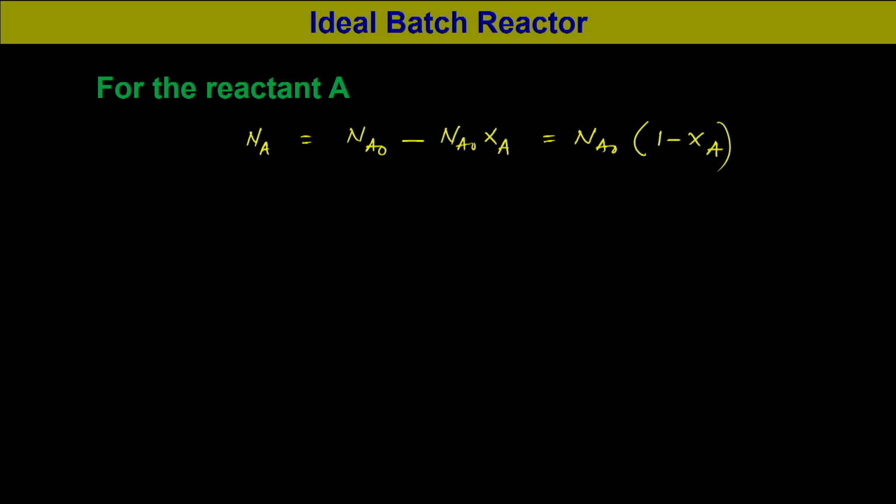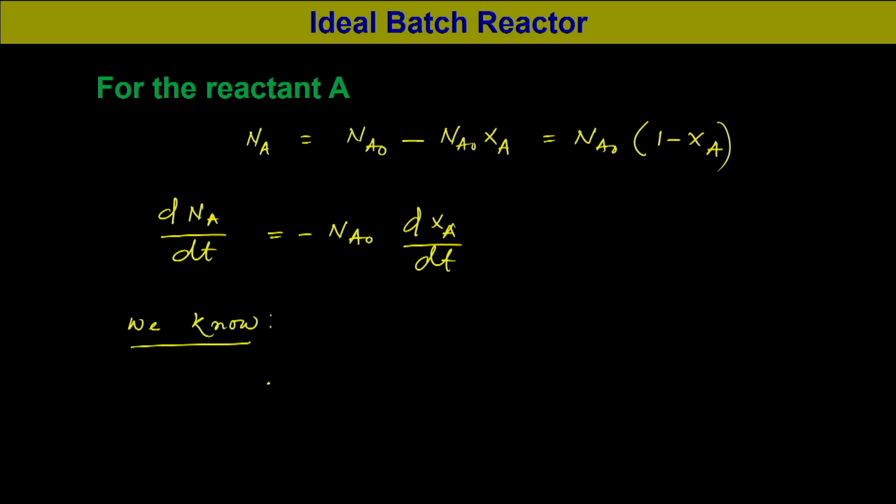So, we can write dNA/dt; if we differentiate, this would be equal to minus NA0 dXA/dt, and we know minus rA is equal to minus 1 by V dNA/dt.